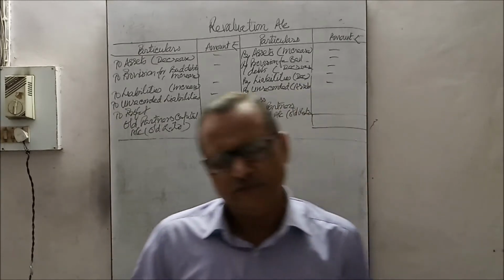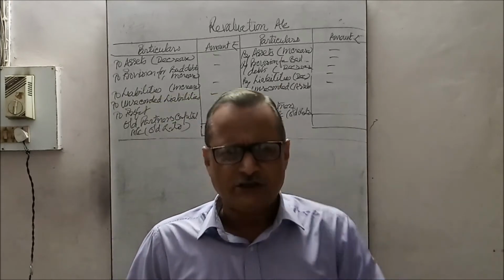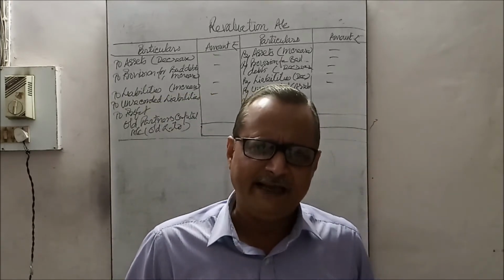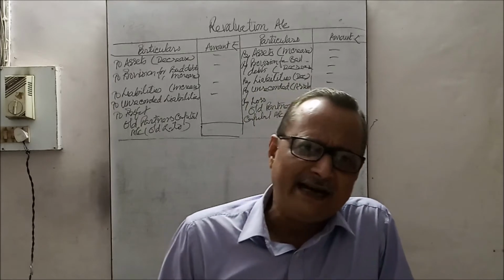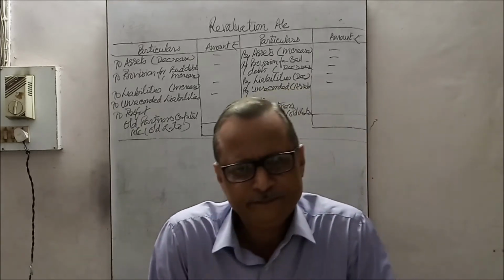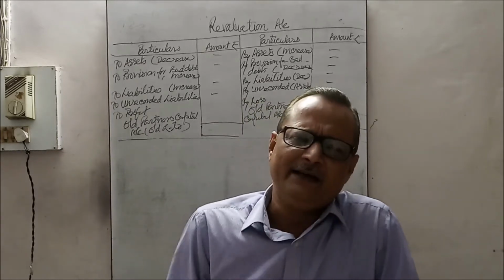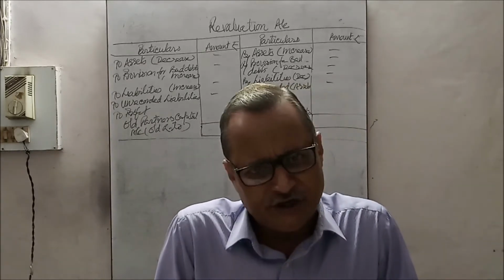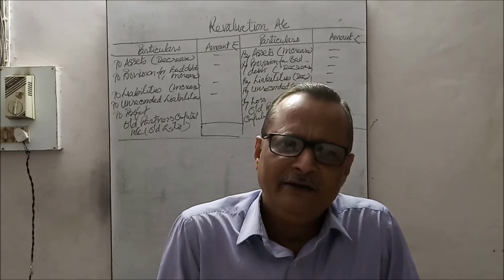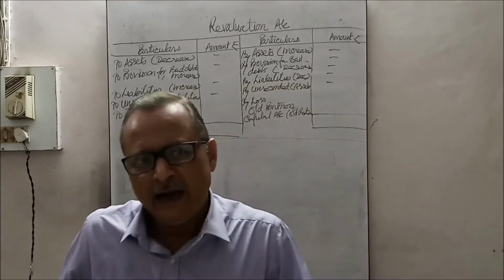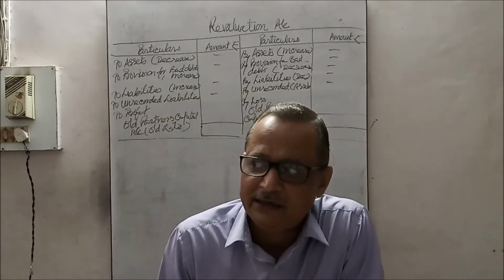Now, in the case of admission, there are certain points we have to consider. First, change in profit sharing ratio; second, accounting treatment of goodwill; and third, the revaluation account.